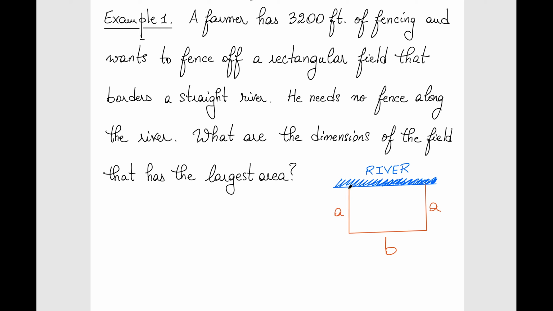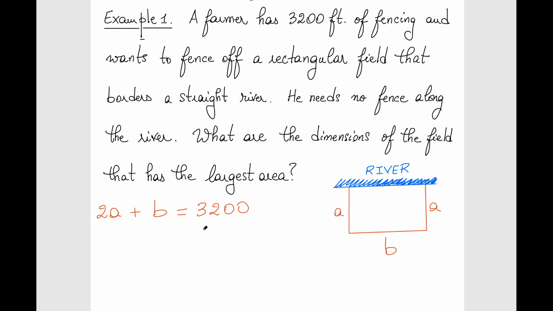So what we can say then is that A plus B plus A must exhaust the 3,200. Okay, so I'm going to write this down. So A plus B plus another A, which means 2A plus B, should be 3,200 feet.